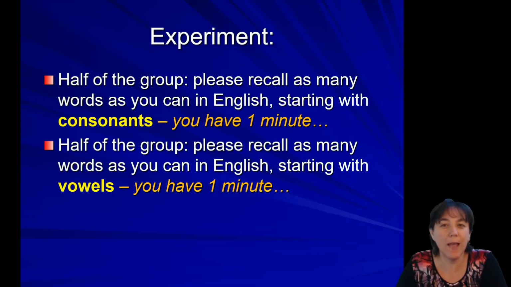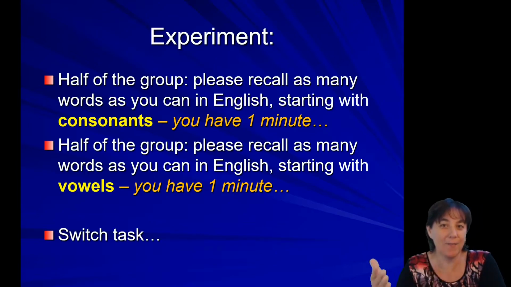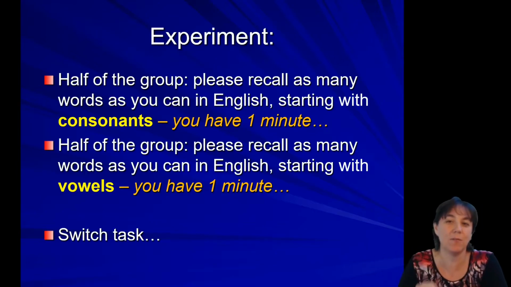What could happen in this respect? Okay, we still have to switch the tasks in order to have data for both vowels and consonants. And it also helps with the order effect. When you're doing the task, you're getting better and better and better at it. So that will eliminate this factor.